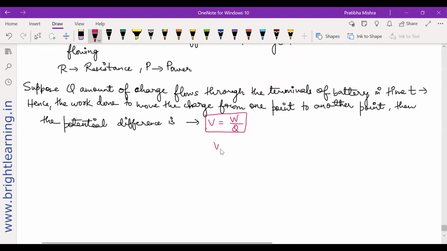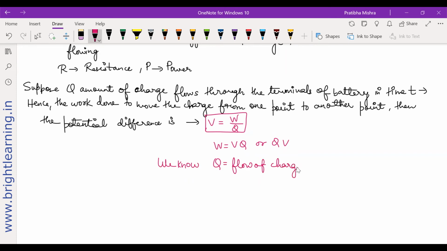Now from here we will scroll down. And we can also write the work done is nothing but VQ or QV, right? Now, what is Q? We know that Q is the flow of charge, or electrons, right?